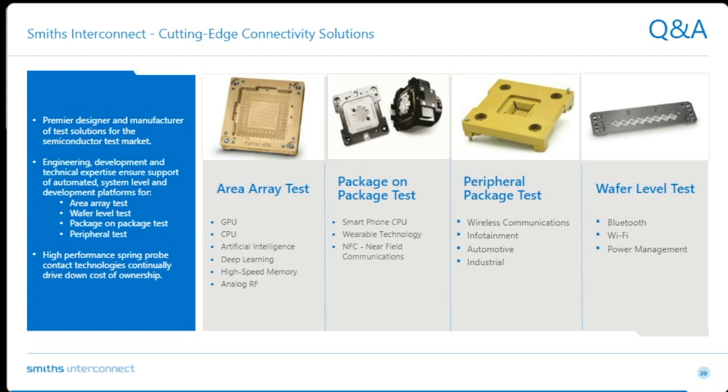We can build a socket where it can touch a full, in this case, system board, where it would have the GPU in the middle, and then it would have the corresponding memory locations on the outside of the socket, where you can test anywhere from 8 to 12 memory devices in tandem with your GPU test, or be able to change memory manufacturers without having to change the system board, or different memory speeds.